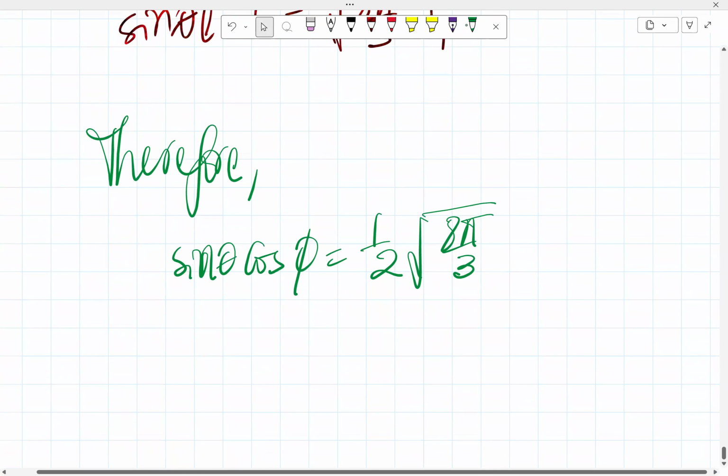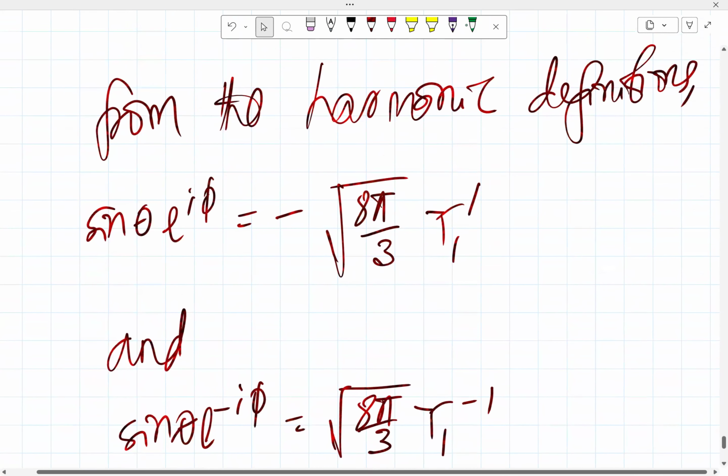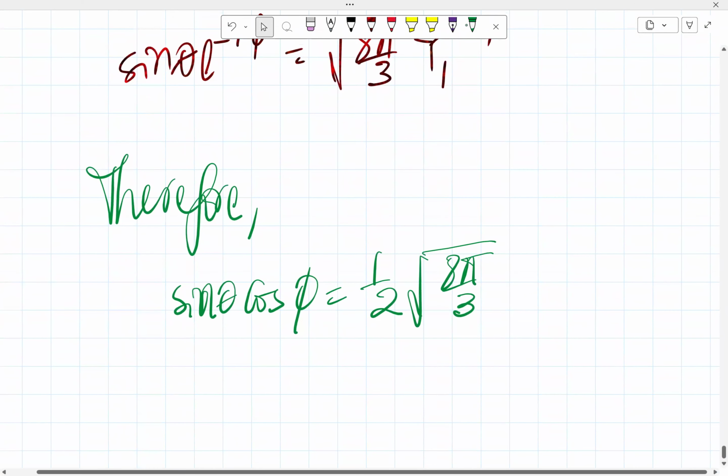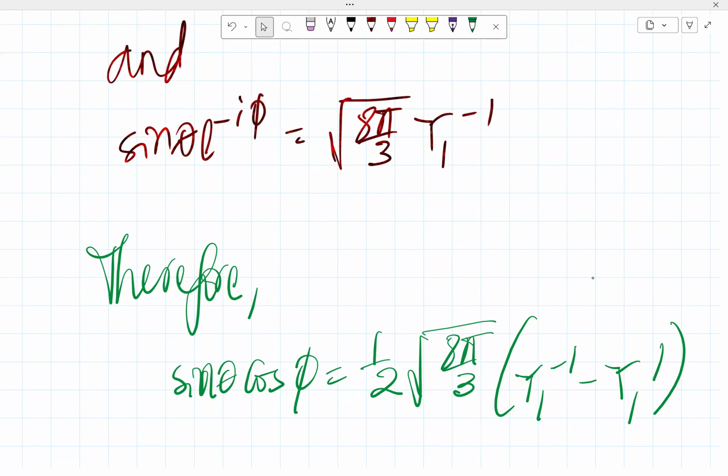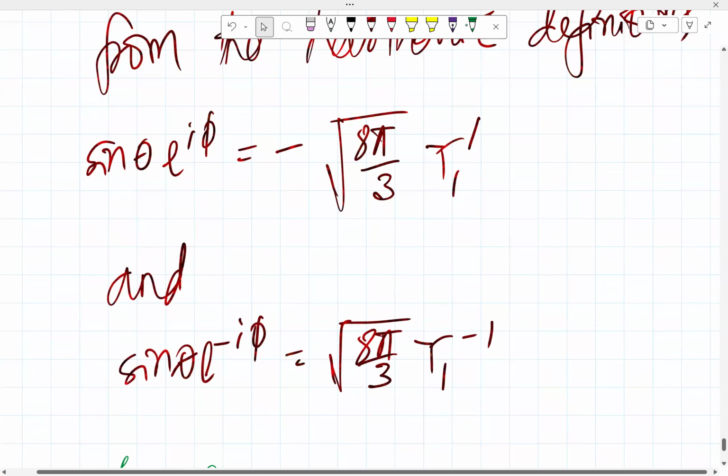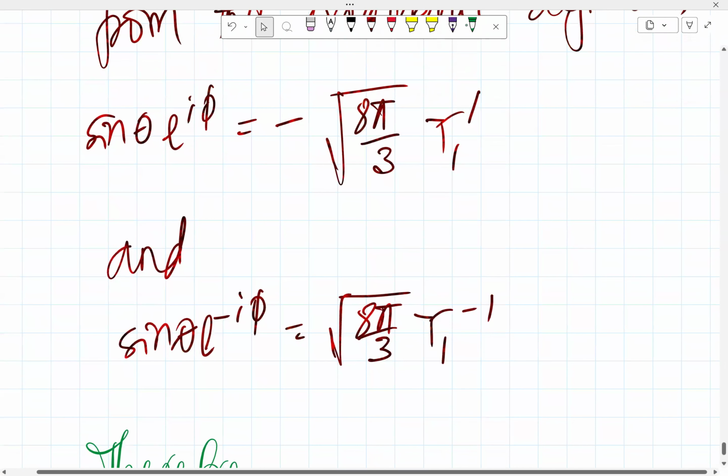Okay, that's like multiplying everything together. So we have 1 over 2 square root of 8 pi over 3 into yi minus 1 minus yi1. Okay, so yi minus 1 minus yi1. So it's more like putting both together.